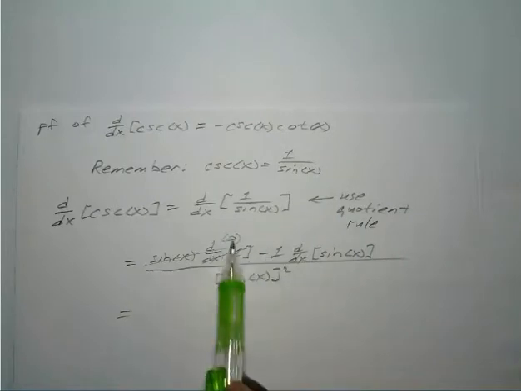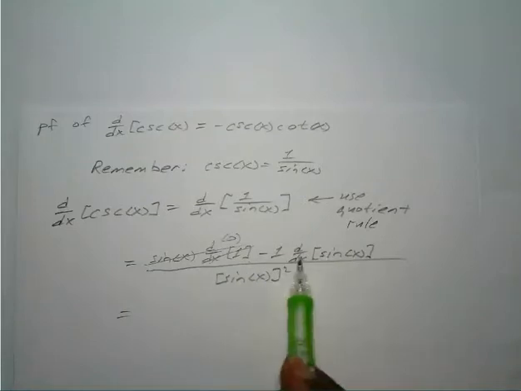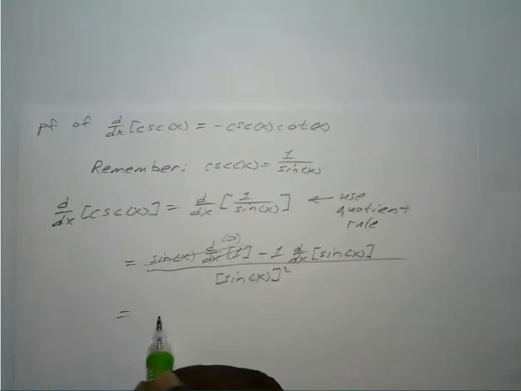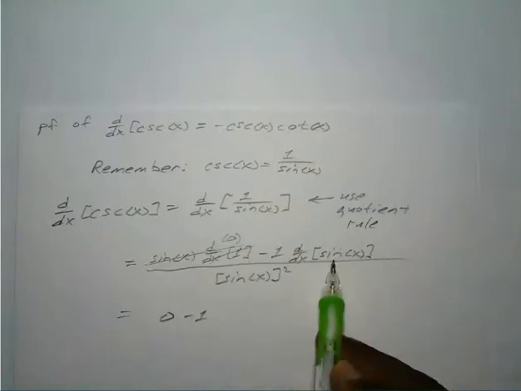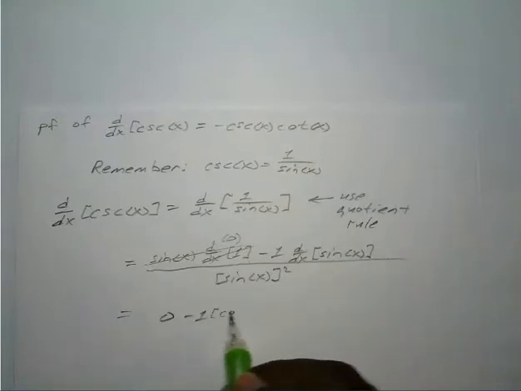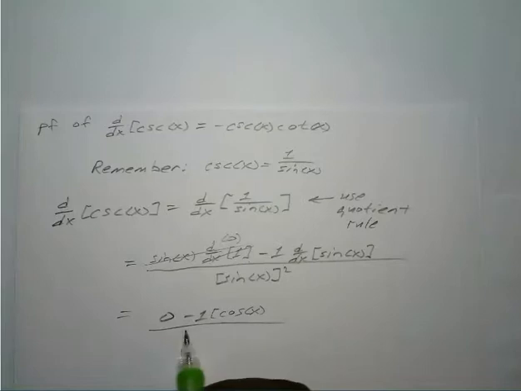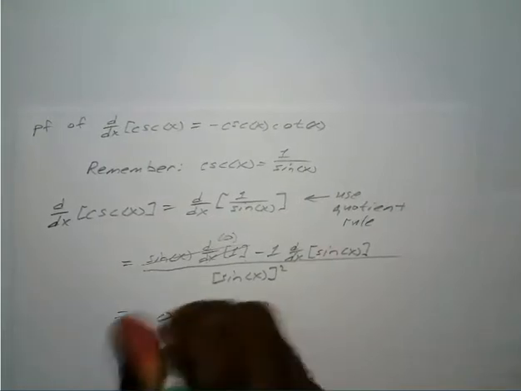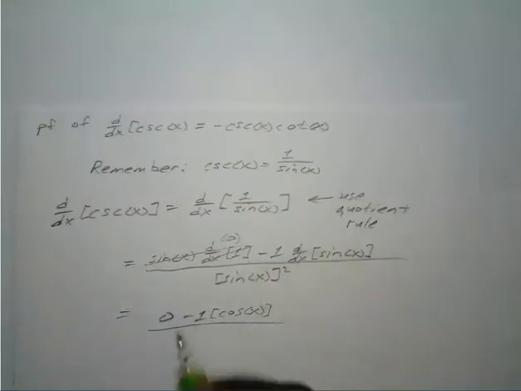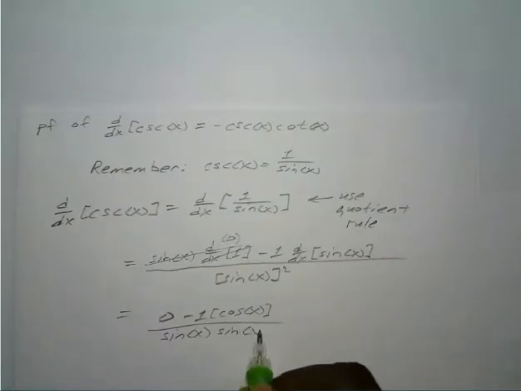So this whole thing disappeared because 0 times anything is just going to be 0. So you have 0 minus 1 times the derivative of sine, which is cosine of x, all over the sine squared. Okay, so let's clean that up a little bit. Instead of sine of x squared, we're just going to make that sine of x times sine of x.